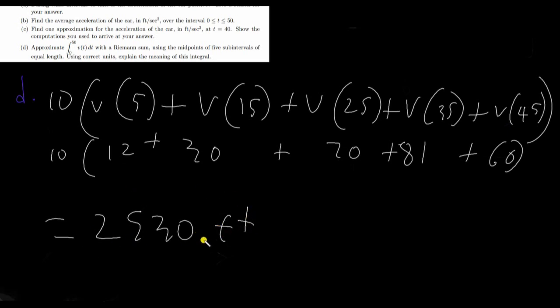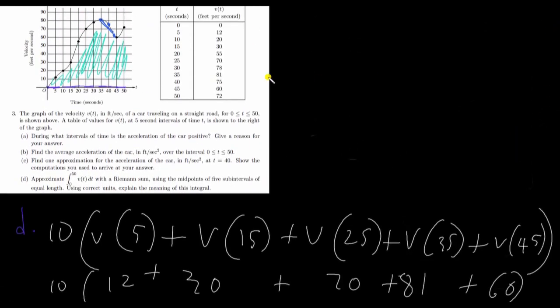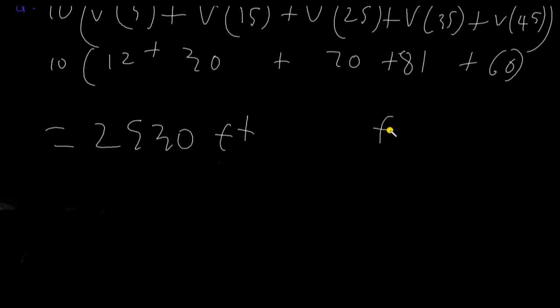And the reason feet is our units is since we're finding the area under the curve, we're going to multiply the 2 units, so we'd have feet per second times seconds, which just gives us feet, so that's our units, and that's our answer.